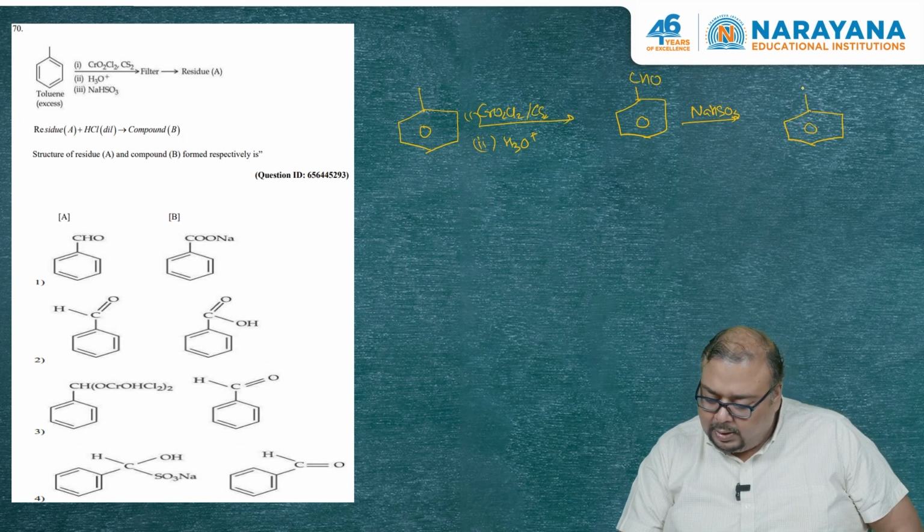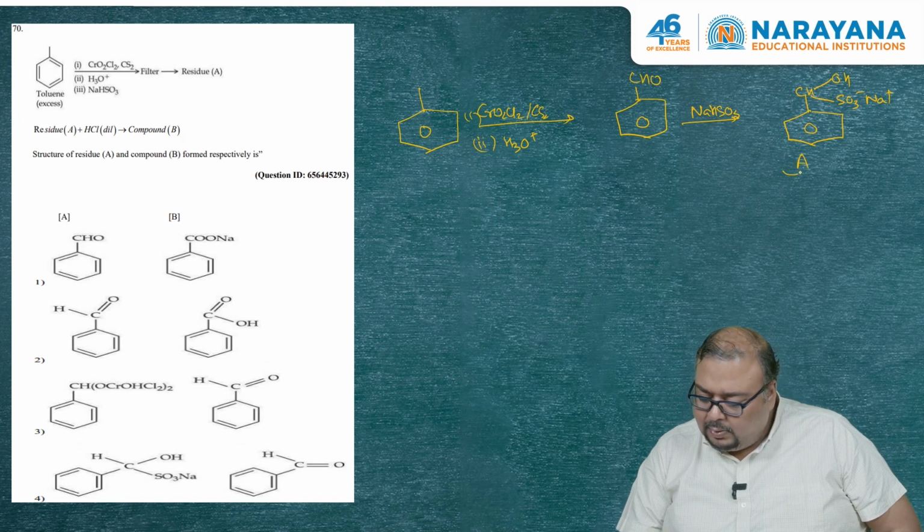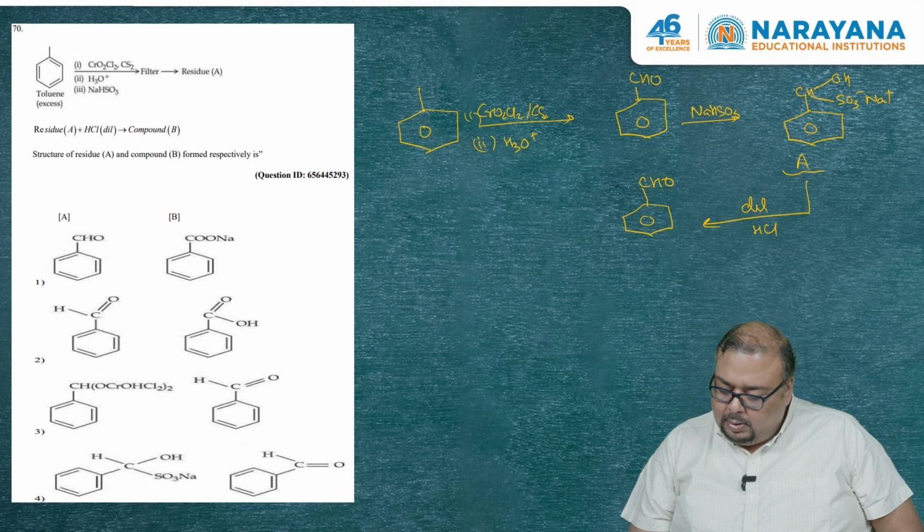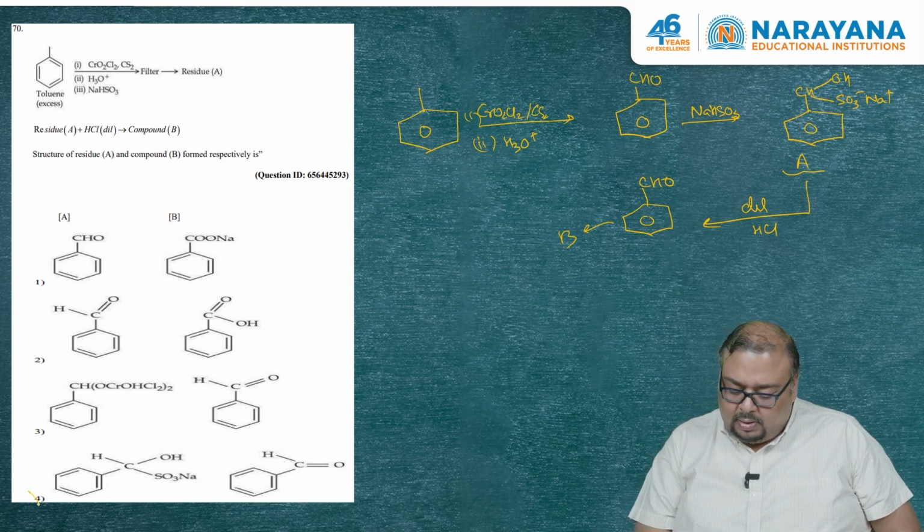So you'll be getting something like CHOH SO3- Na+. Now this is our residue A. Now this bisulfite addition product will undergo decomposition on adding dilute HCl to give back the aldehyde. And this is the compound B. So A should be the bisulfite addition product and B should be benzaldehyde. So the correct answer is option 4.